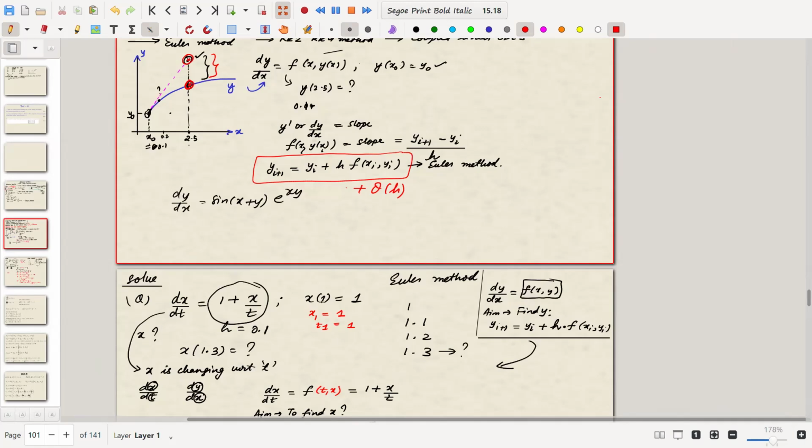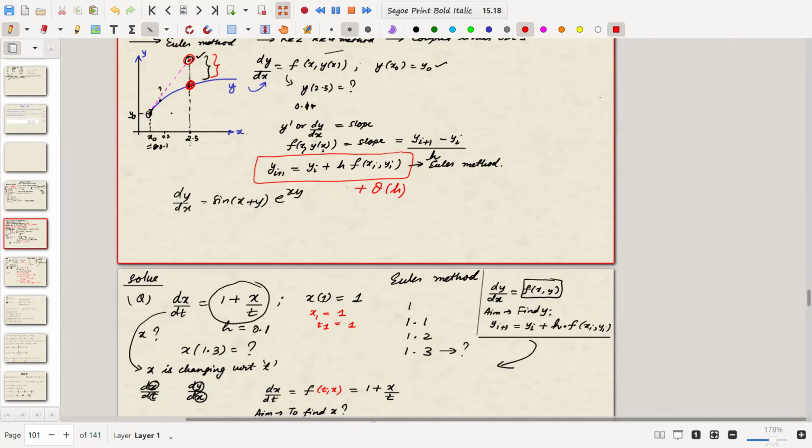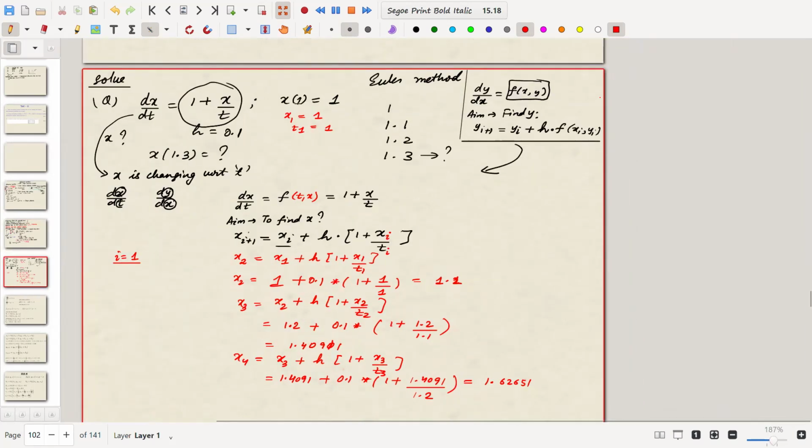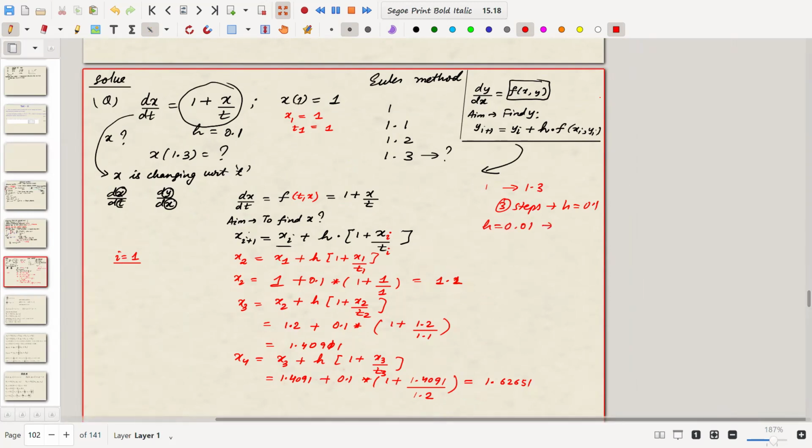We took h as 0.1. I suggest you take 0.01, but then you will have a lot of steps. How many steps did you do now? 3 steps. You started from 1 to go to 1.3, you did 3 steps because the step size was 0.1. Now, if the step size is 0.01, how many steps do you need? 30 steps.